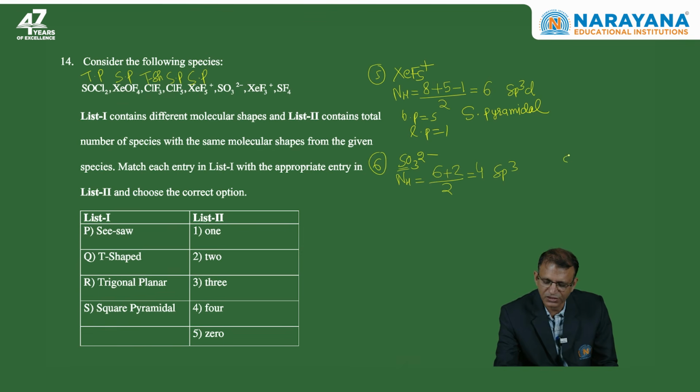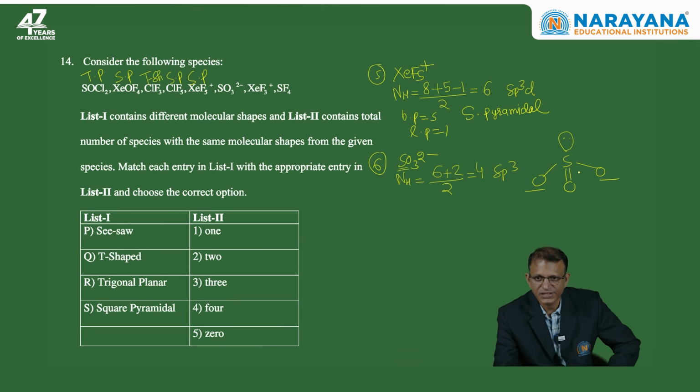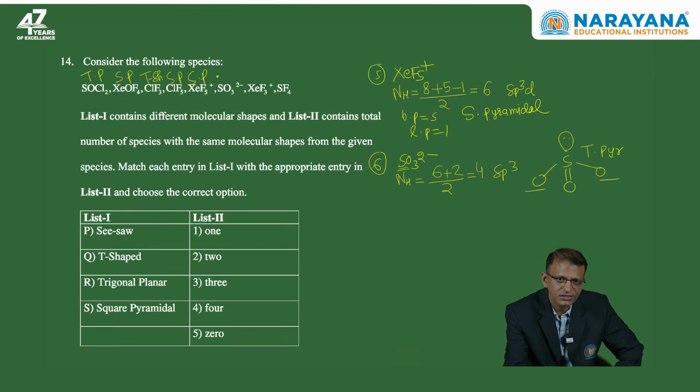If we try to draw the structure of this, sulfur has 6 electrons. So there are 2 oxygen atoms with single bonds, they have negative charge, and 1 oxygen with a double bond. So this is the structure. Again, this structure is trigonal pyramidal. So this again has trigonal pyramidal structure.